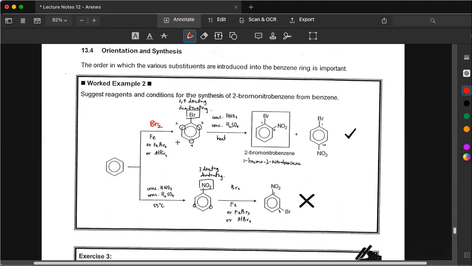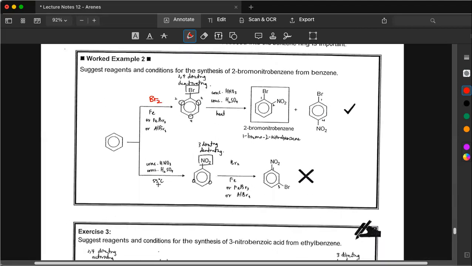This is 2,4 directing, so the nitro group can go at 2 or 4. So we use concentrated nitric acid and sulfuric acid and heat. But if you have NO2 first, which is 3 directing, it will form this.